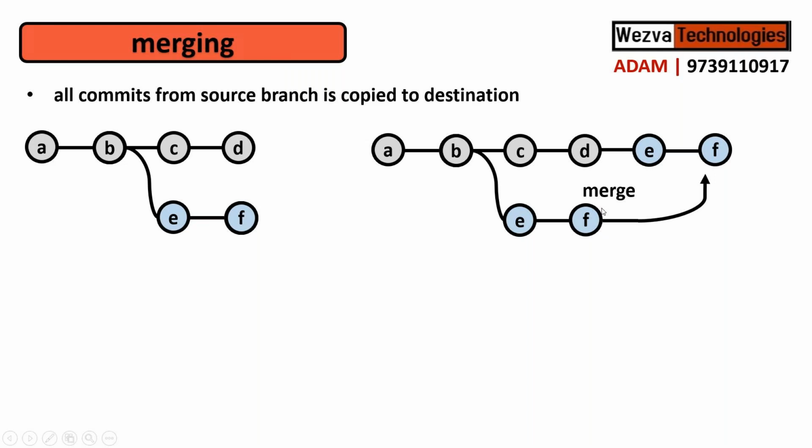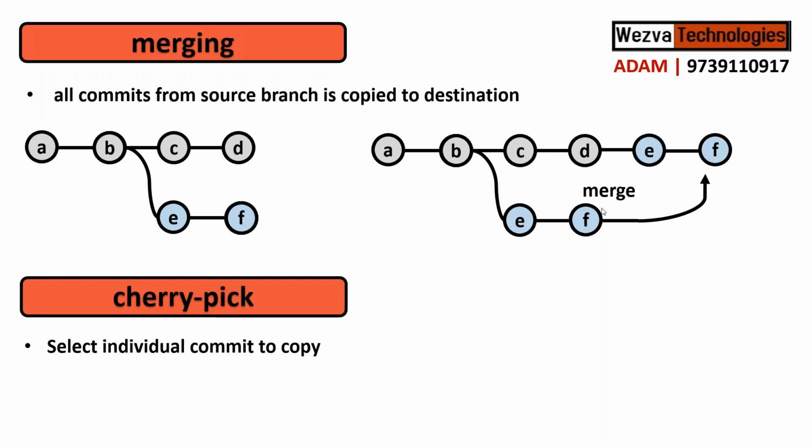However, there is one more concept called cherry pick. Now, why do we need cherry pick, or what is cherry pick? In merging, the problem that you will get is merging will take all the commit IDs from the source and put them into the destination.